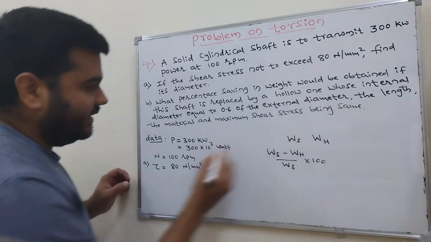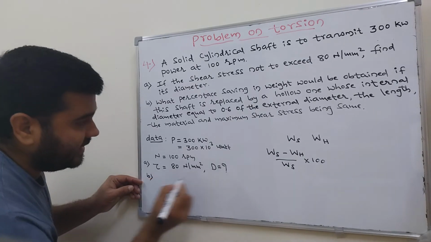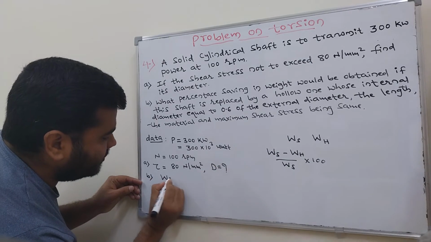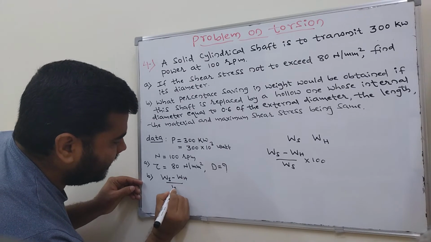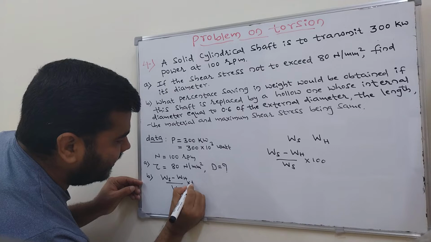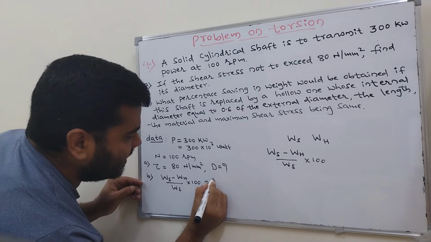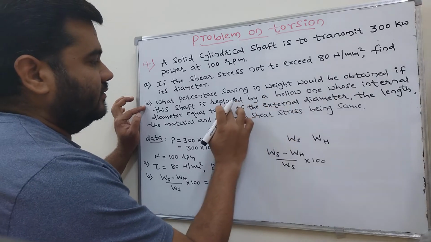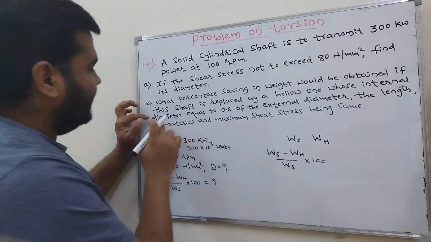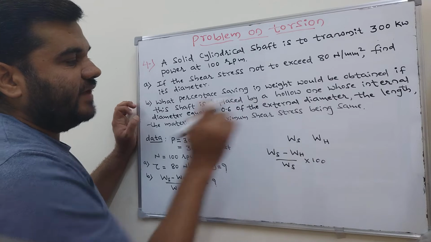So I'll write here, for B, what is the percentage of weight? That is weight of solid shaft minus weight of hollow shaft divided by weight of solid, into 100, equal to how much? He is asking in the second bit: replaced by a hollow one whose internal diameter equals 0.6 of external diameter.